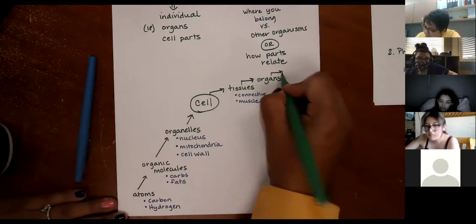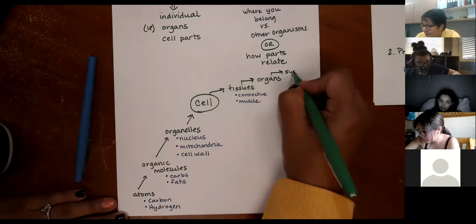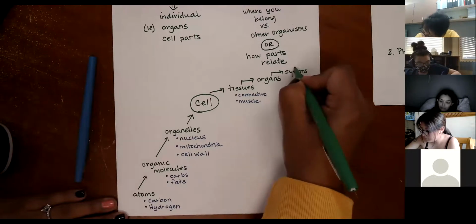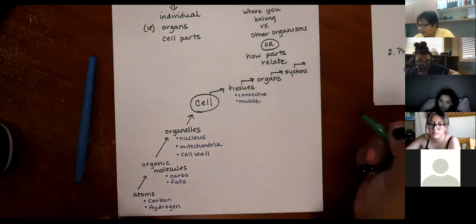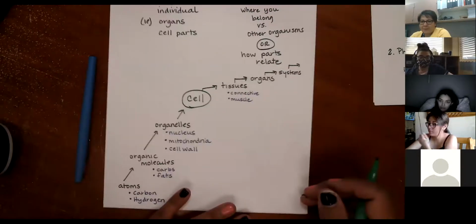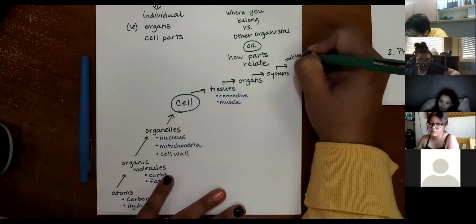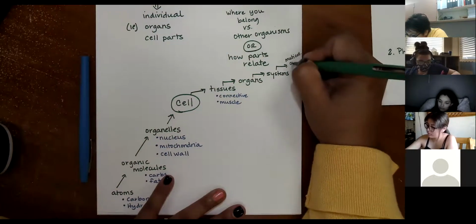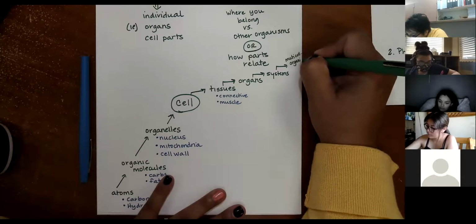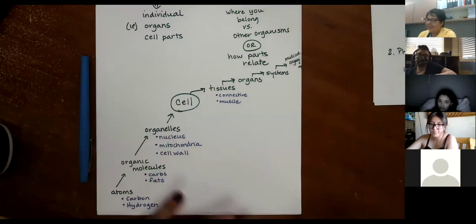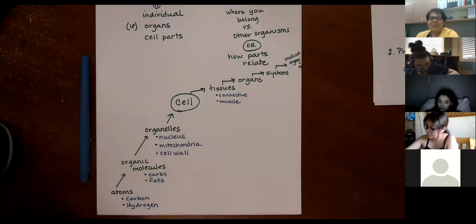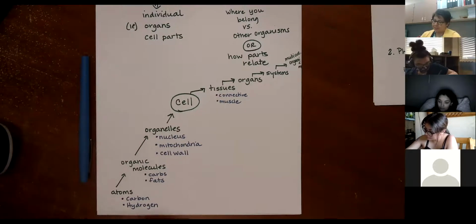Organs are organized into organ systems. And then organ systems, oh my goodness, I'm going to have to turn my paper sideways. Systems themselves are organized into multicellular organisms.